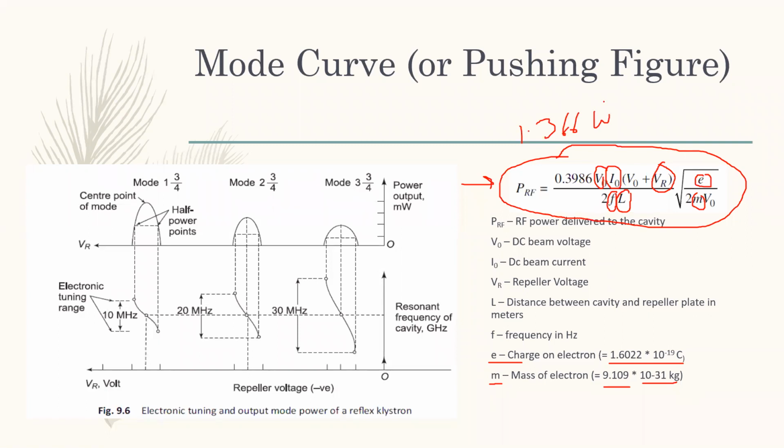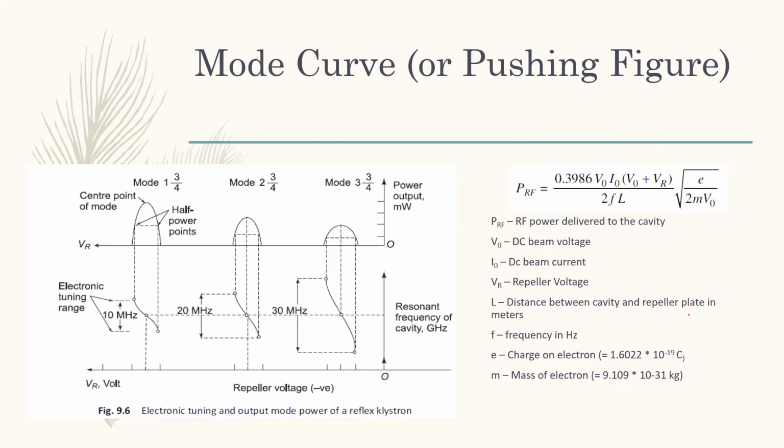Remember here that for this VR, you are not using minus, you are just using its magnitude value, 367.08 what he had got. Then this one was 300, so 300 plus this. Don't put minus over here. It is 300 plus 367.08, and rest all values you substitute.